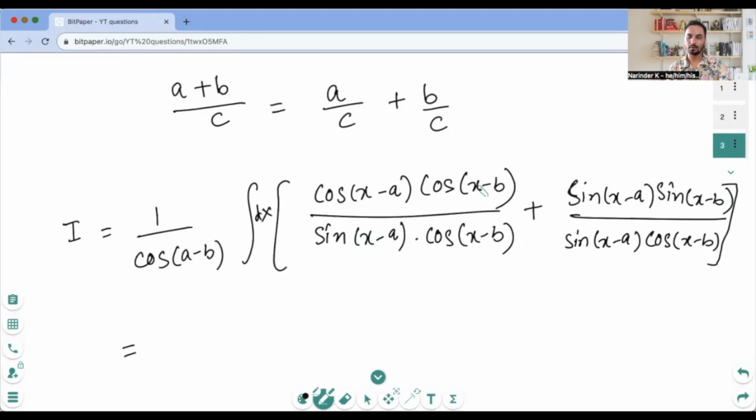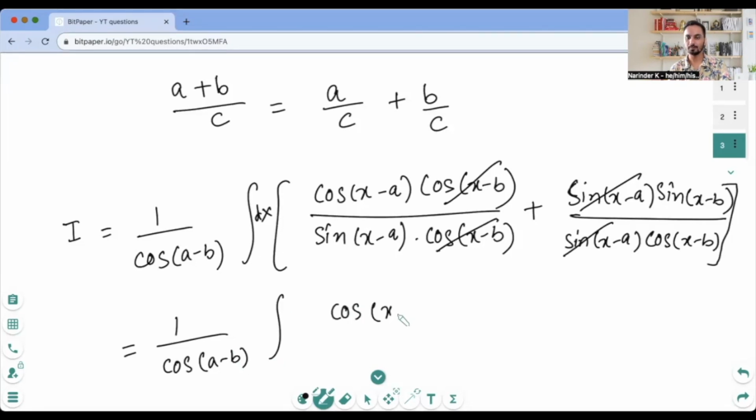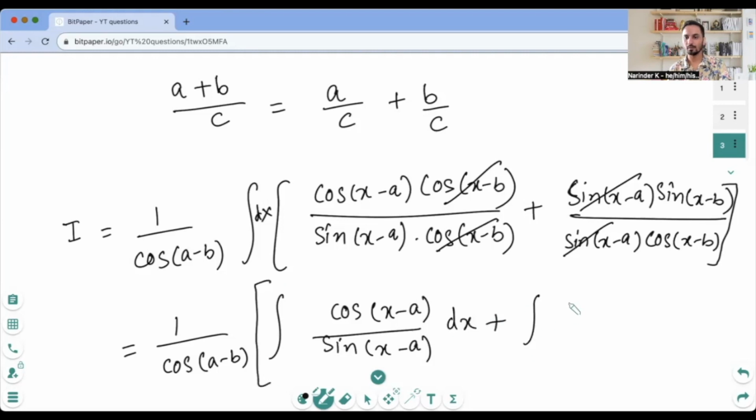Now we can cancel out cos(x minus b) here and sin(x minus a) here, so we are left with 1 over cos(a minus b) times the integral of cos(x minus a) over sin(x minus a) dx plus the integral of sin(x minus b) over cos(x minus b) dx.